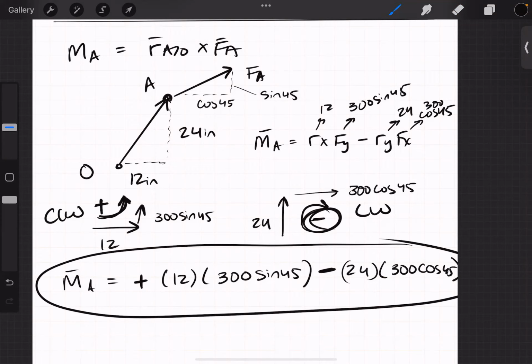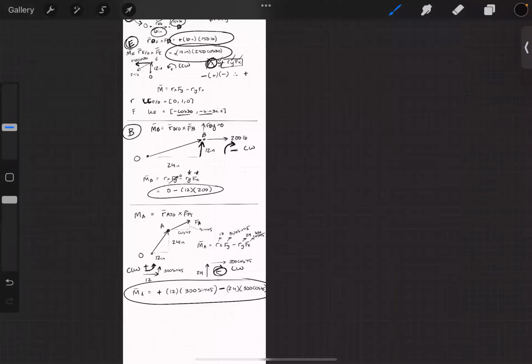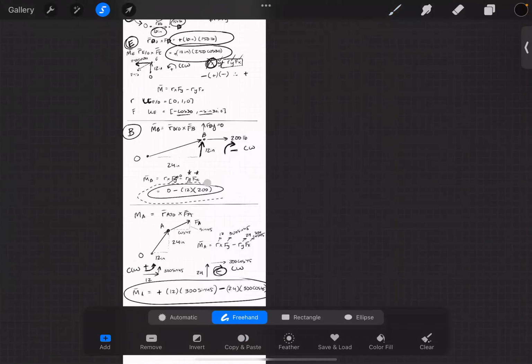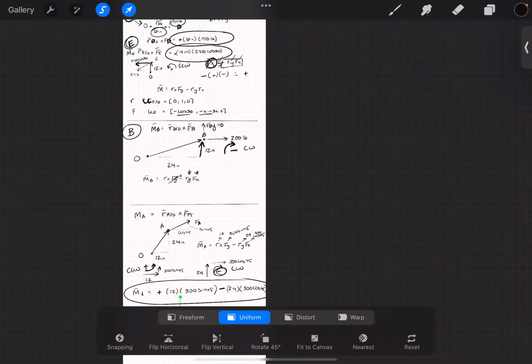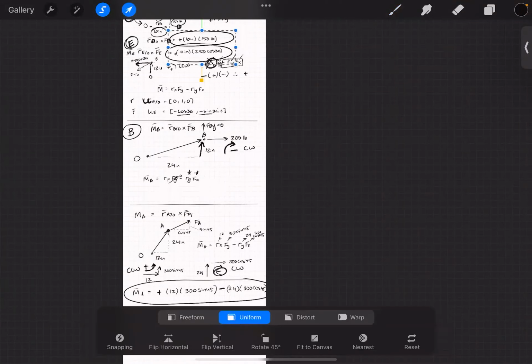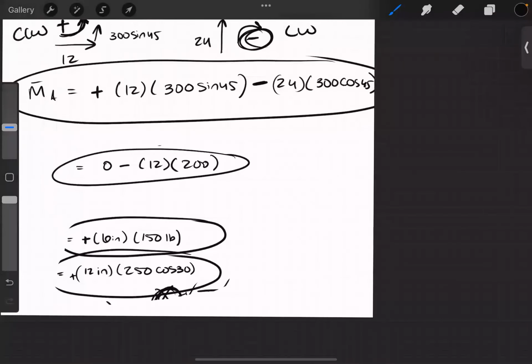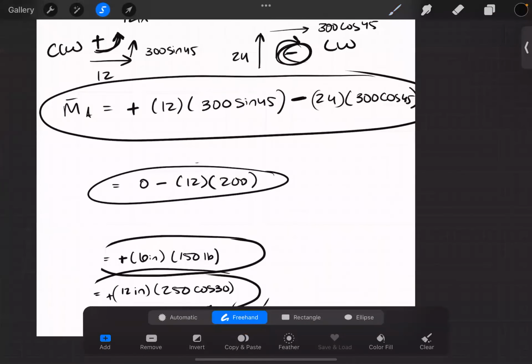Any questions on that part? So we can go back and bring all of our vectors, our moments that we defined. We're now at the end of the page.